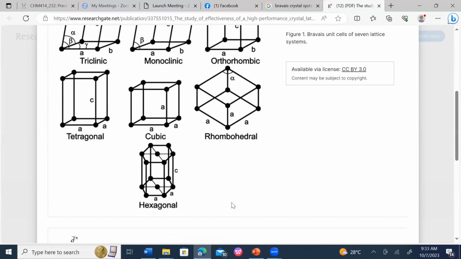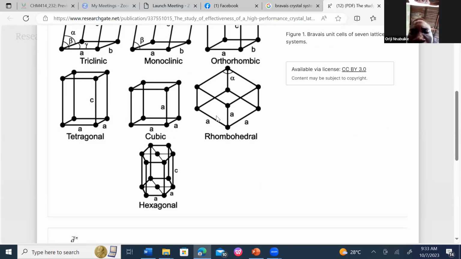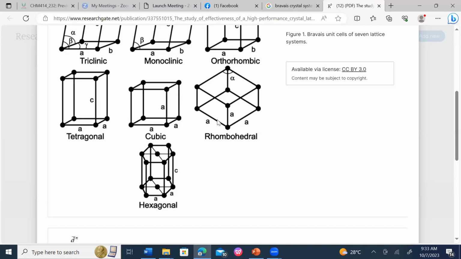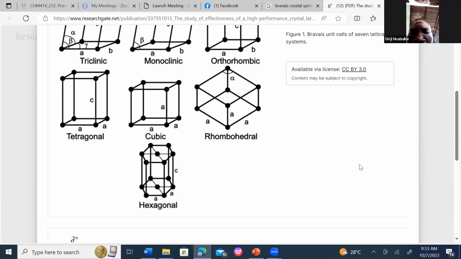We can have angles here, then one at the base. So three different angles: one at the bottom, joining the bottom of this one, one joining the top here, then the other one joining. Those are the three angles that matter. I think that can give you some explanation about that.